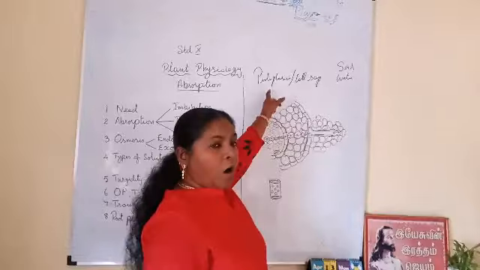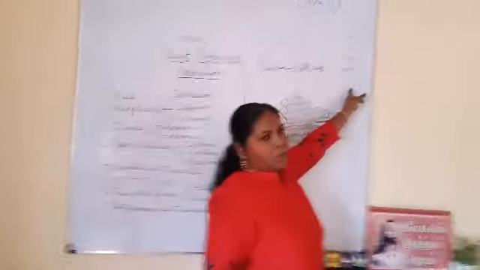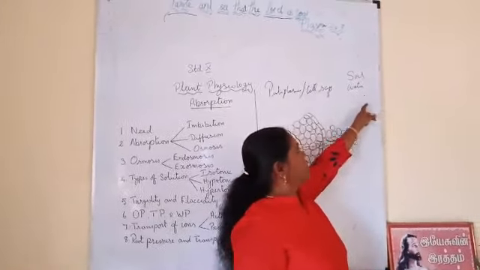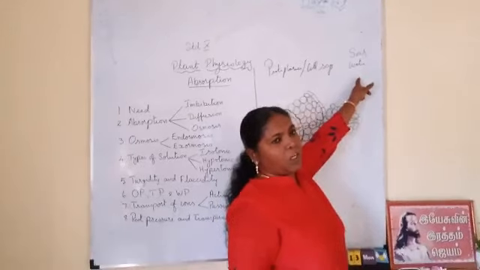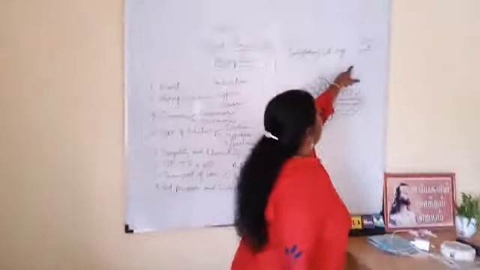Here the water is water plus some substance, and here only water. So where the water content is more, here the water content is more. So the water molecules enter from its higher concentration to the lower concentration. So it enters into the cell by osmosis.